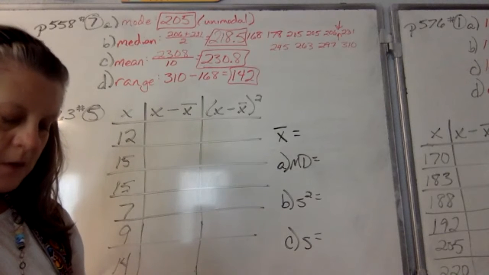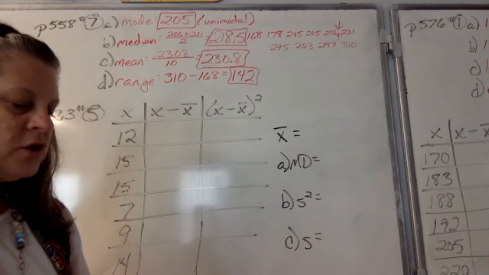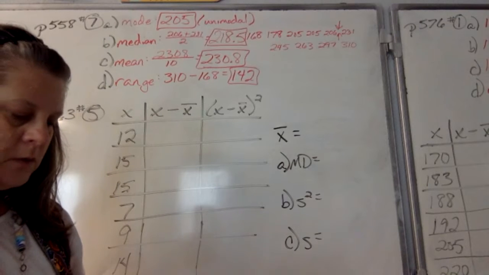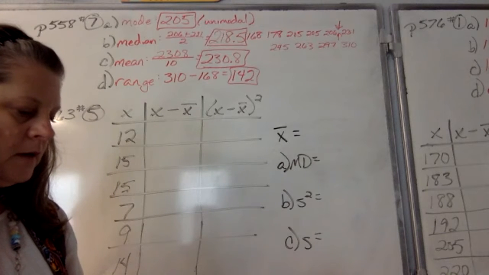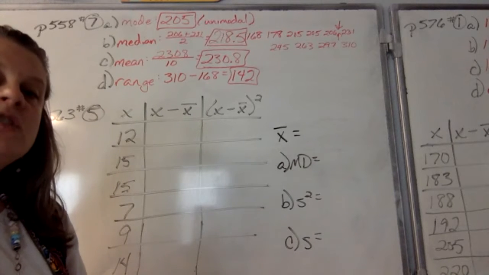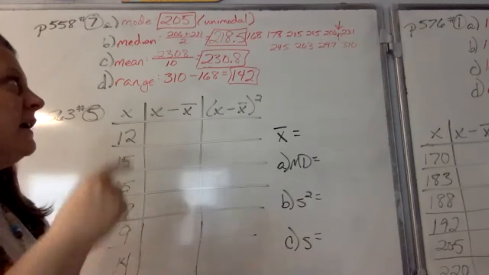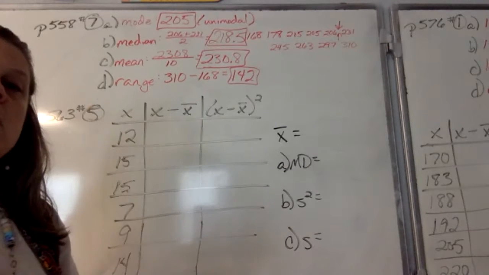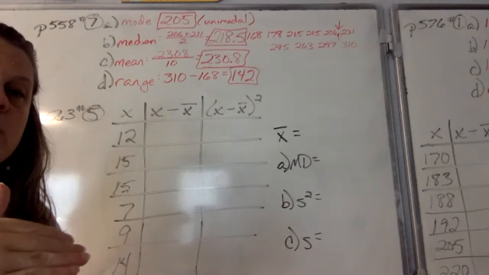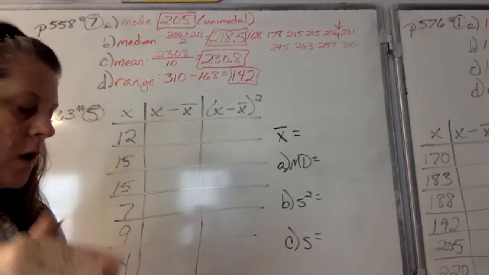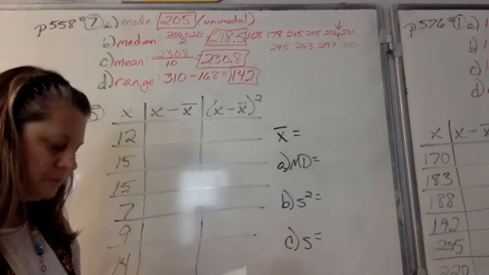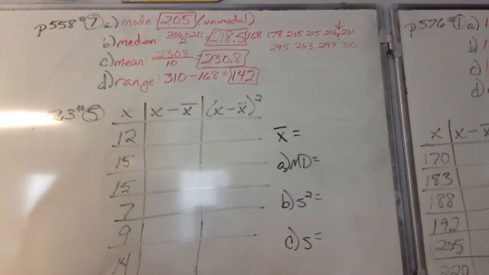Mode. What if it has two modes? If it has two modes, it's called bimodal. If it has one, it's unimodal. If every number is there just one time, it has no mode. Okay? So that covers that stuff.